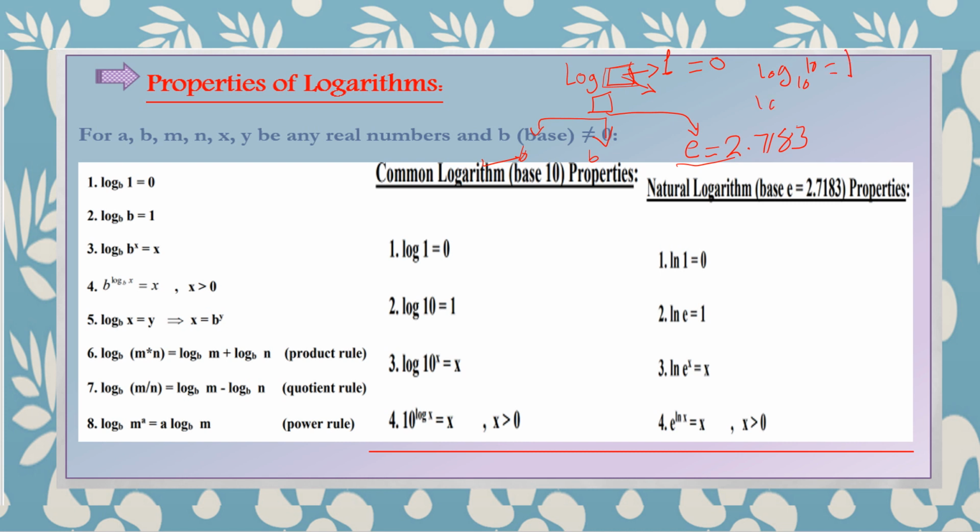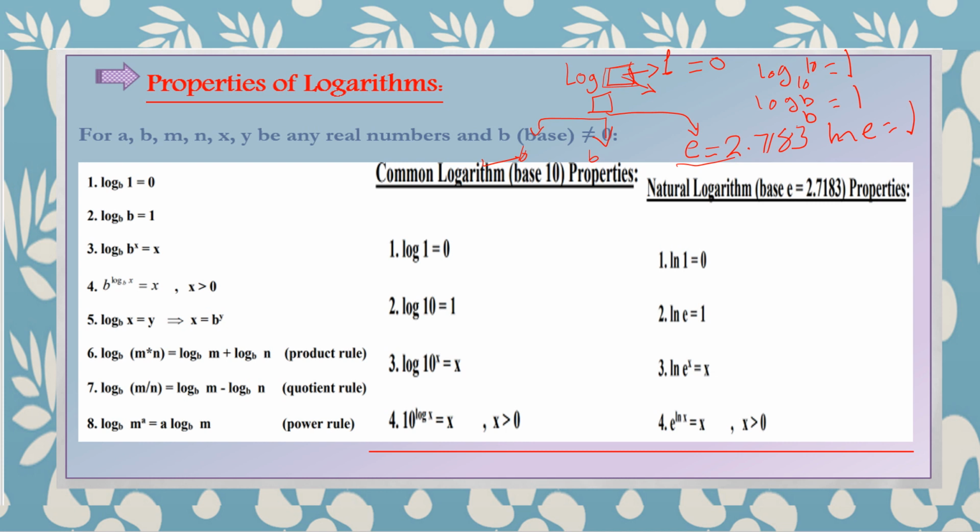Also, log base b for b equals 1. Also, ln e equals 1. So, when the base and the number are the same, the logarithm equals 1.